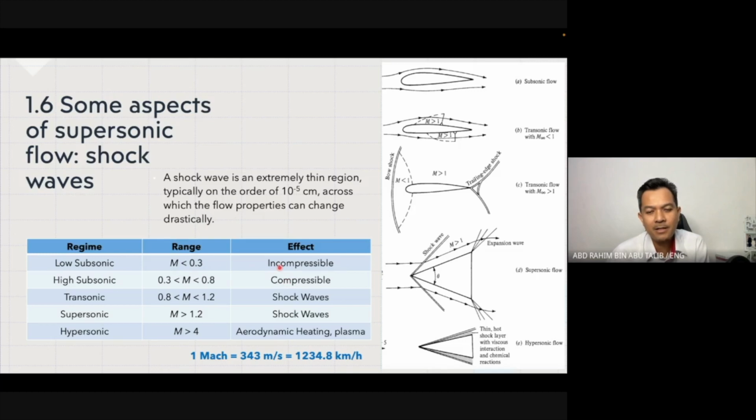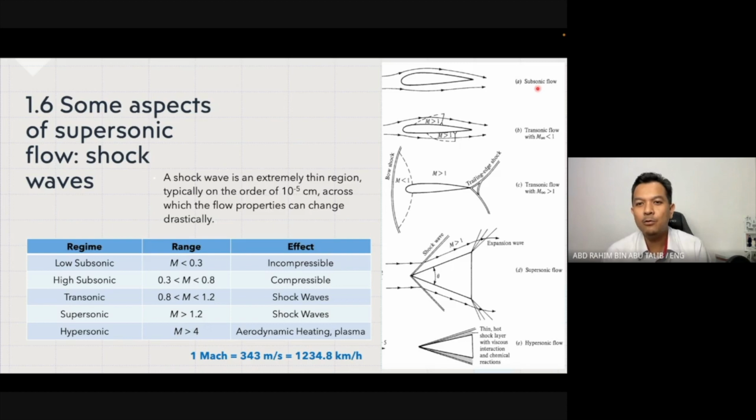Less than that is incompressible, where density is constant. Beyond that, density is no longer constant. There's an effect of energy, right? From 0.8 to 1.2, there are shock waves happening. Mach more than 1.2 also has shock waves, and Mach more than 4 has aerodynamic heating and plasma. Okay, so I think I have already explained this before.